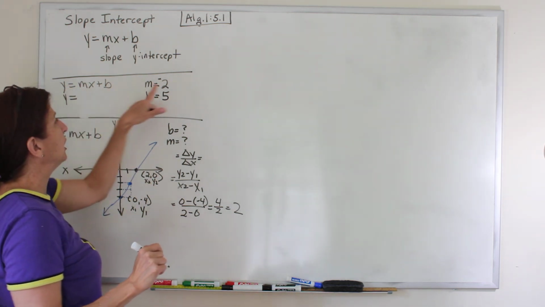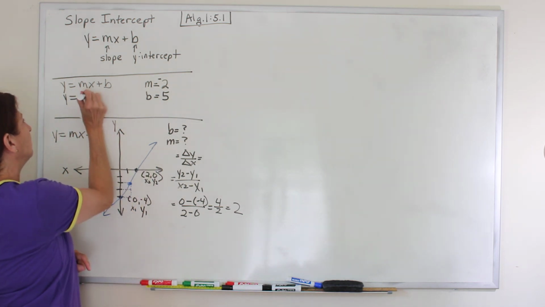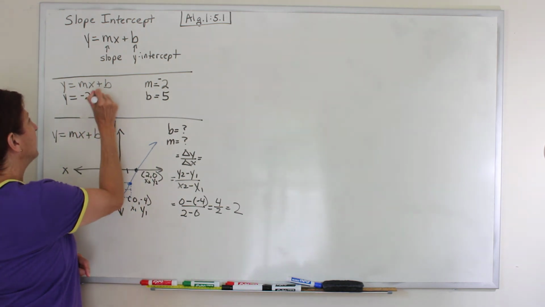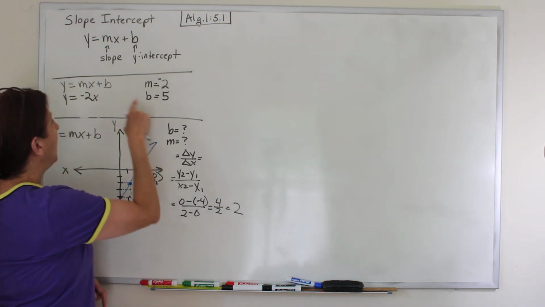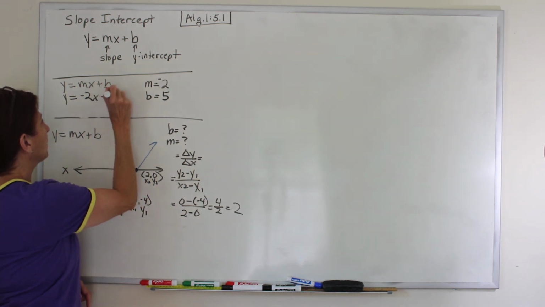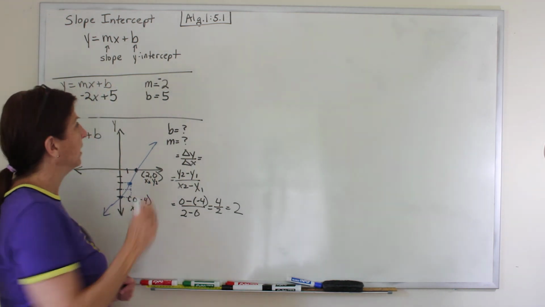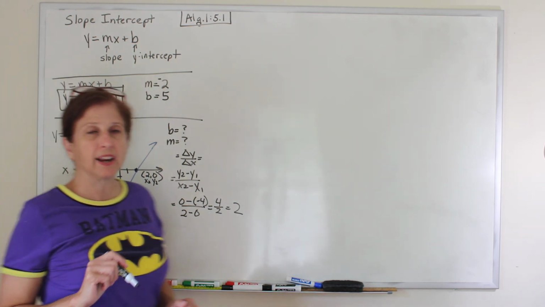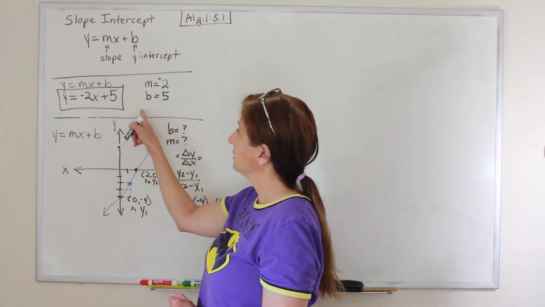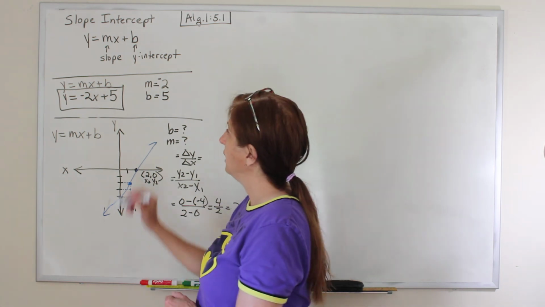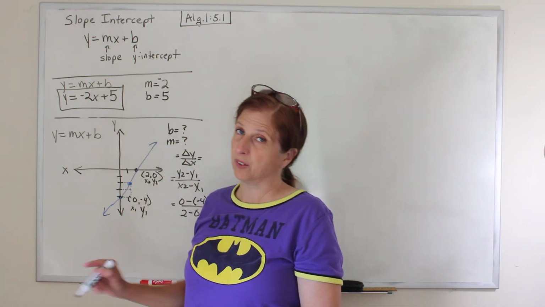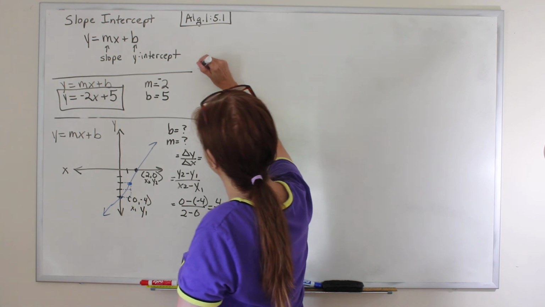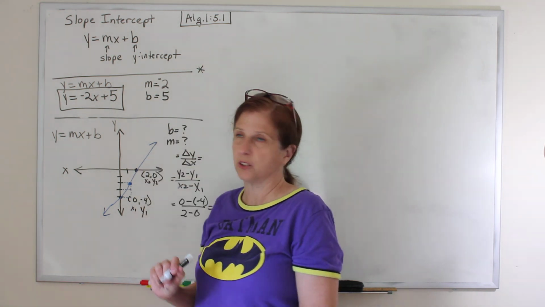Instead of writing m, we're going to write -2. Then we bring down x, we didn't mess with that. And then instead of b, we're going to write 5. So we use that information to write our equation, y equals -2x plus 5. And we could graph it from that too. I'll put a little star here to remind me if I got time at the end to go back and show you how I graph it.